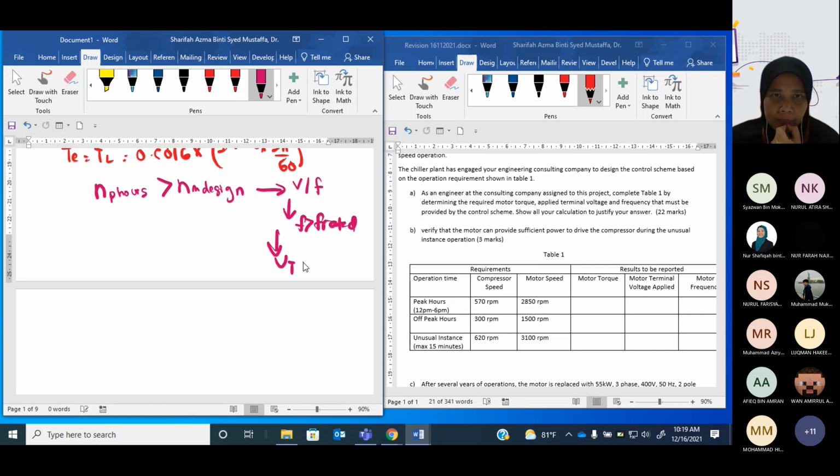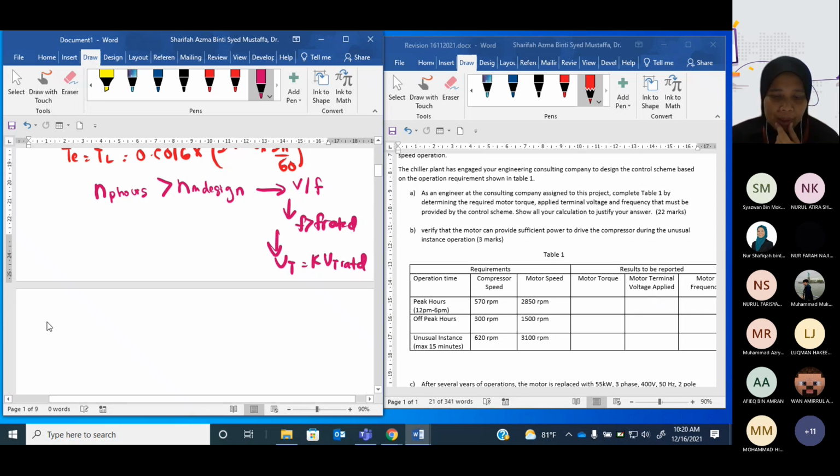Same. Is it equal to the rated terminal voltage? Okay, K V T rated. So this is for peak hours. You have to look at different conditions: peak hours, off-peak hours, unusual instant. You will have different control strategies, and that will be used to calculate your terminal voltage later.